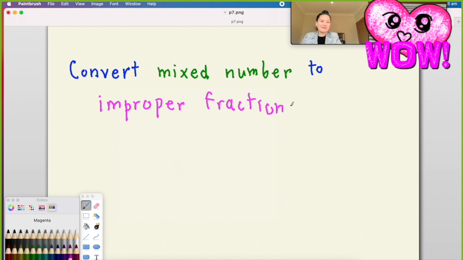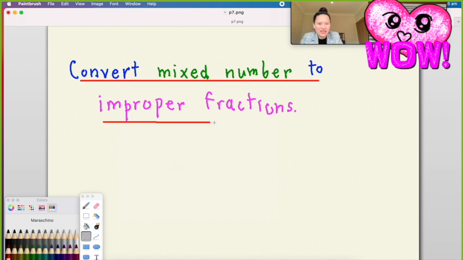Okay, what is the difference between proper fraction and improper fraction? Yep, okay, like this one now. Improper fraction is the one that, for example, the numerator is greater than the denominator. Okay? This one is improper fraction.